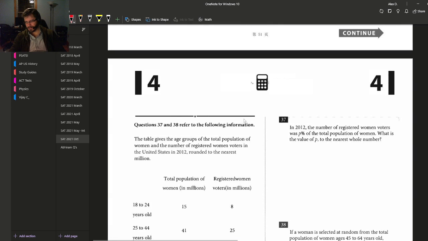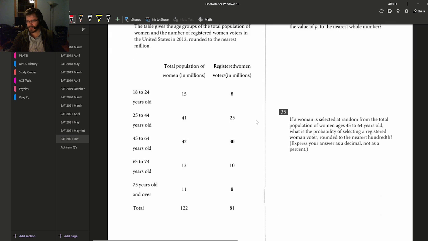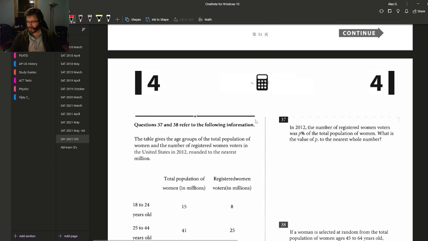2 more. Exactly in an hour. Number of registered women voters, P% of the total population of women. What is the value of P to the nearest whole number? Okay. P% of the total population.